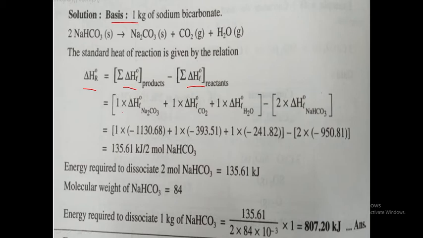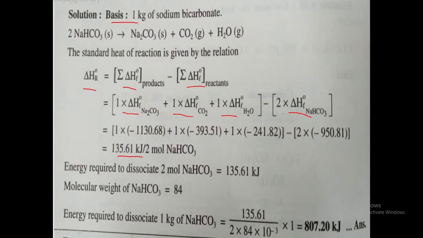We have 3 products, all produced 1 mole only, so all components have stoichiometric coefficient 1: 1 into standard heat of formation of Na2CO3, 1 into standard heat of formation of carbon dioxide, 1 into standard heat of formation of water. This is the summation value minus the reactant. We have only one reactant, and it is 2 moles. All the data are known, so substitute here.